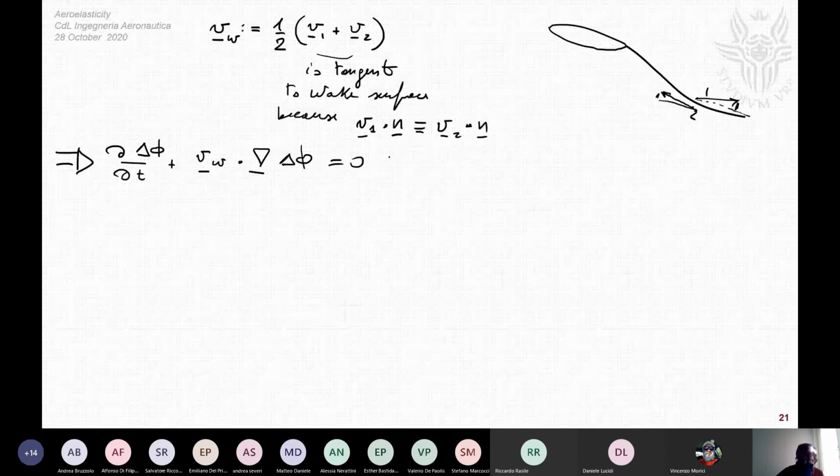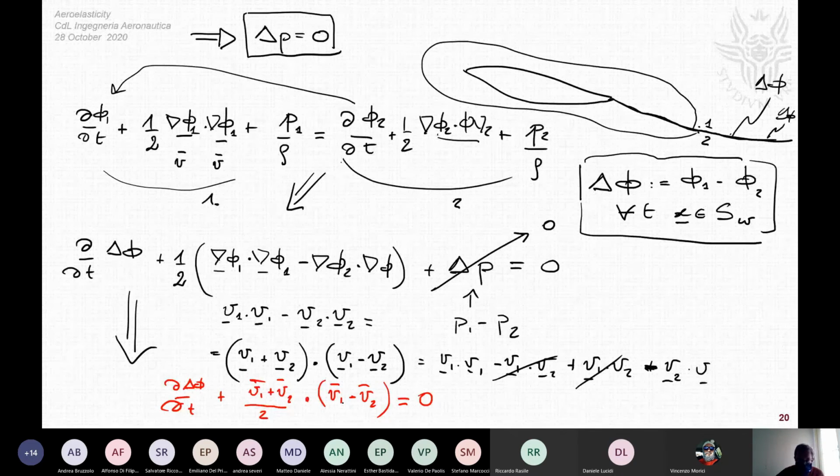In fact, look, this is the difference of the velocities, but the difference of the gradient of phi1 minus the gradient of phi2 is equal to the gradient of the difference, delta phi.